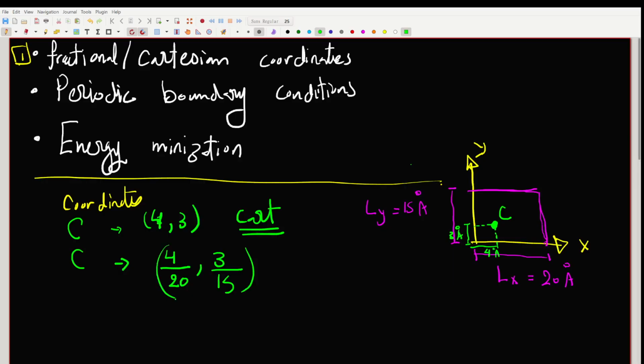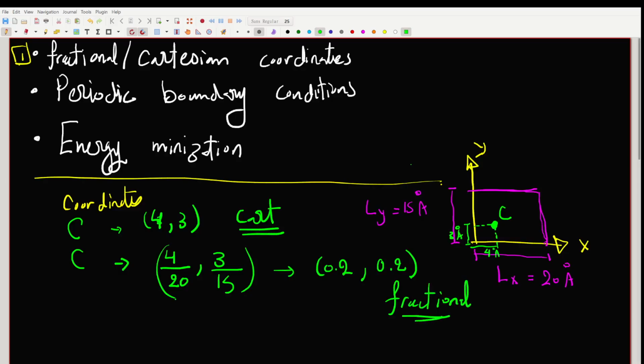And when you do this, you will get 0.2, and this is how much? 1 over 5. This actually happens to be also 0.2, right? So this is 0.2 and 0.2. So this is the coordinate system in fractional coordinates.